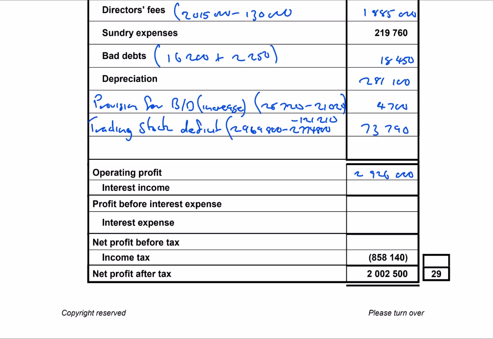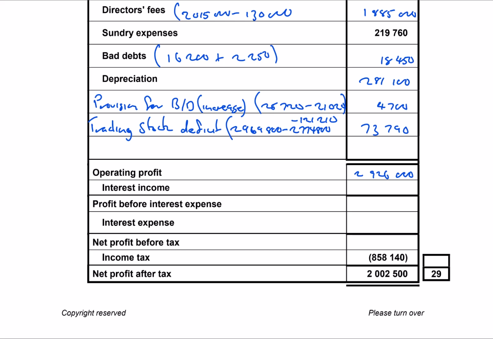Okay. So net profit before tax, we add the two to get net profit before tax. So that's 2,002,500 plus 858 plus tax 114.